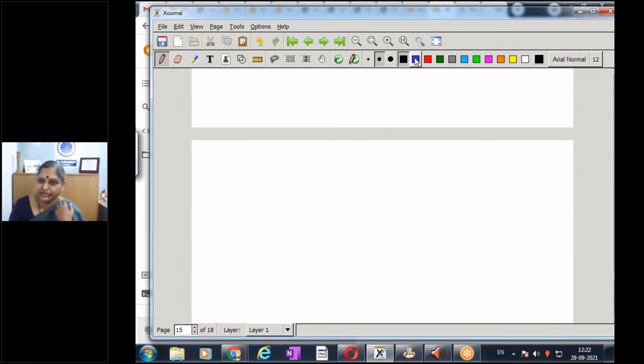Let's take one more example. Again, a very simple example that we have done a large number of times. Let us say x of t is equal to e to the power of minus 0.5t u of t. Now I want to get the Fourier transform of the signal.